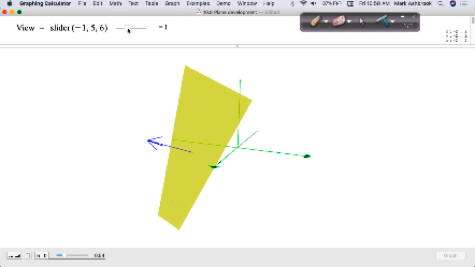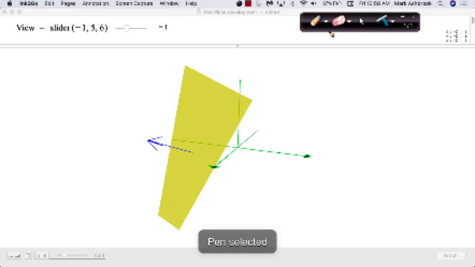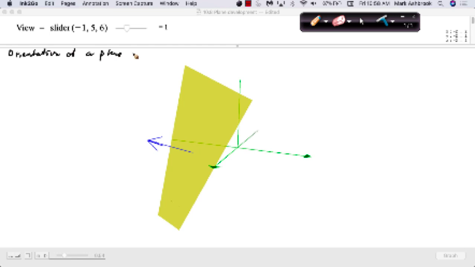So orientation of a plane. We really have three terms for this. So orientation of a plane is determined by an orthogonal vector.